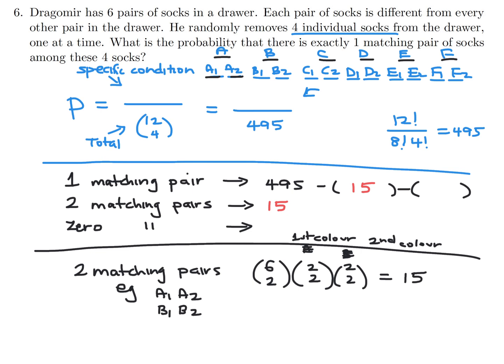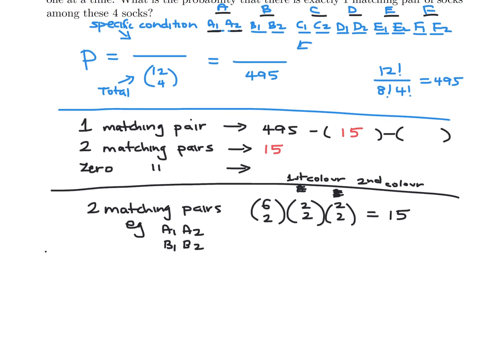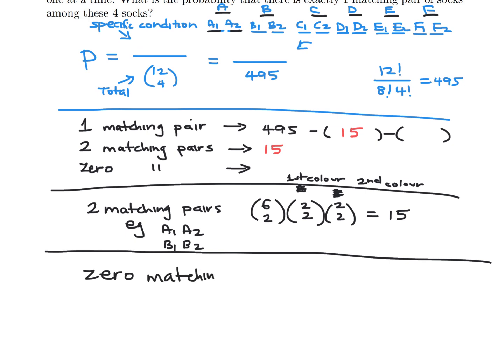Now we do 0 matching pairs. Okay, 0 matching pairs. How do I do that? An example would be, let's say if I had A1, B1, C1, and D1.